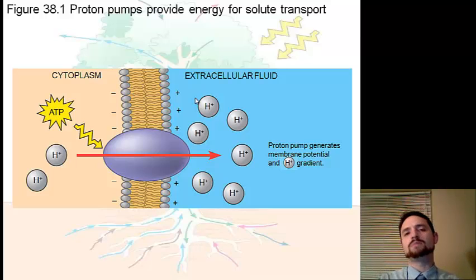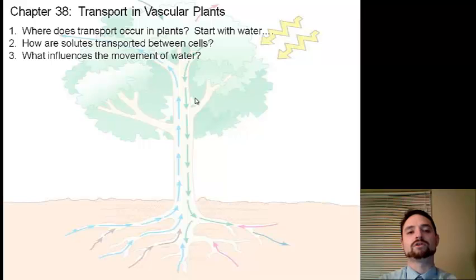It's not as much energy as would be needed if the cell had to pump all of those things inside, but it is able to pump hydrogens out. You've seen proton pumps in both cellular respiration and photosynthesis to this point. And it's how those protons are able to get out of the cell and then create that environment to piggyback those other things into the cell that are important for cell function.